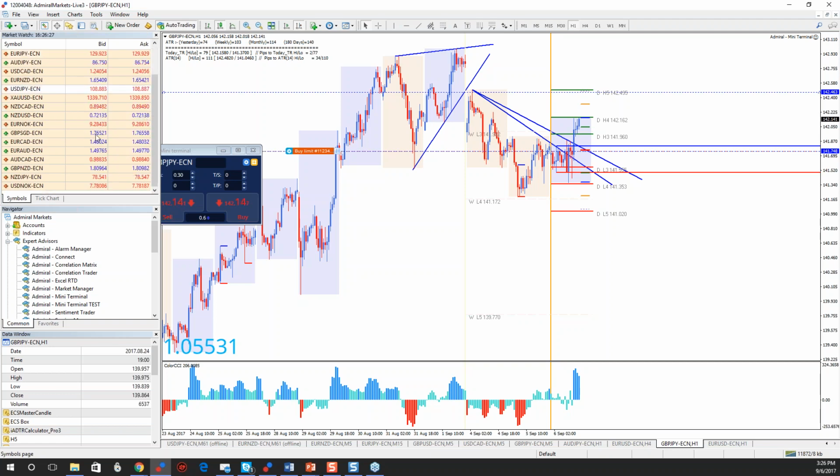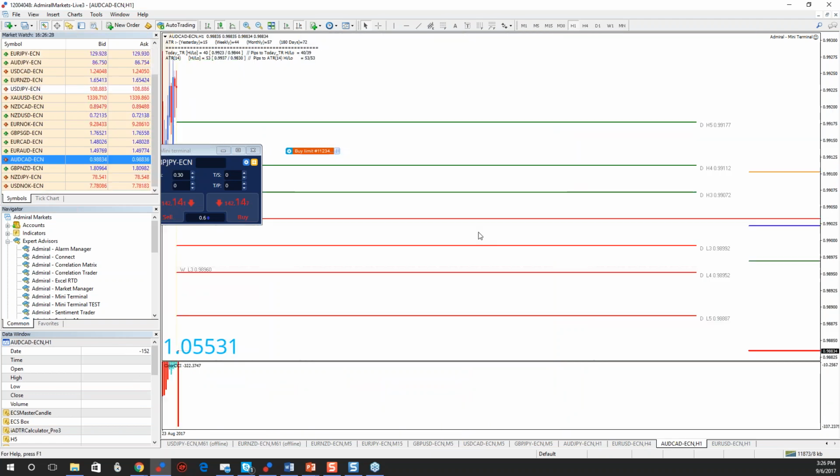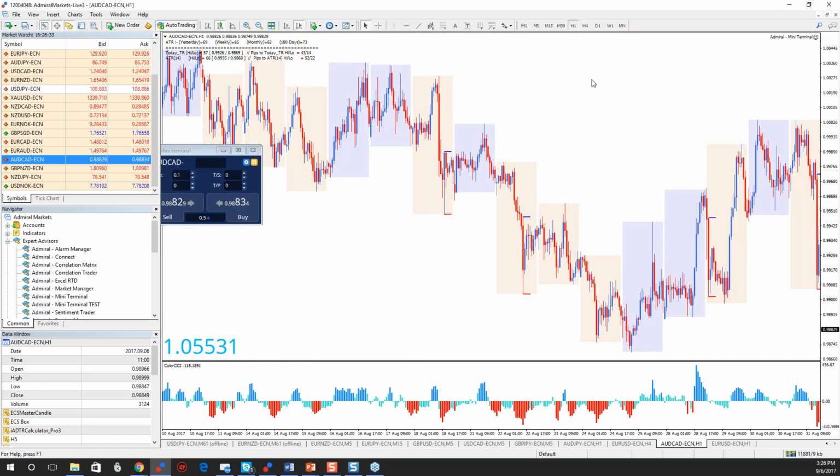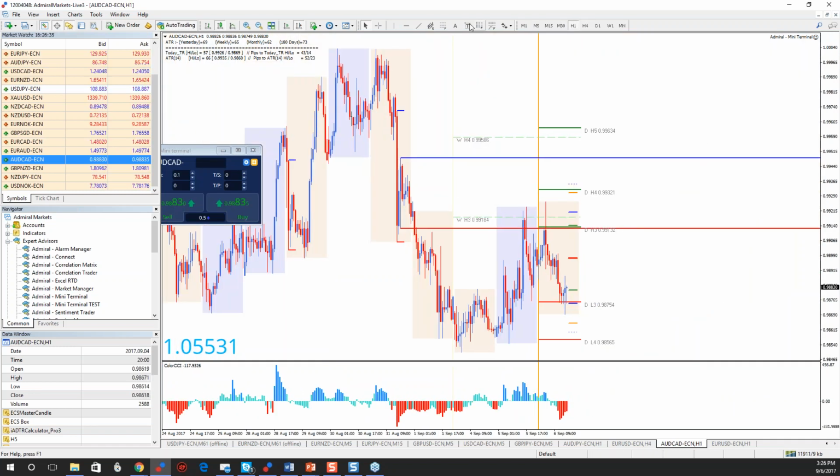Question about Australian dollar CAD short. Okay, short on Australian dollar CAD. Let's see. Not now. You're short from 98.96.